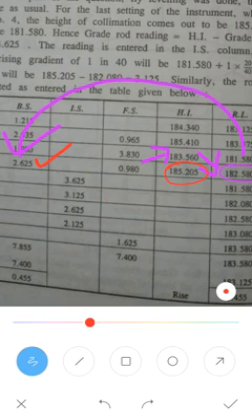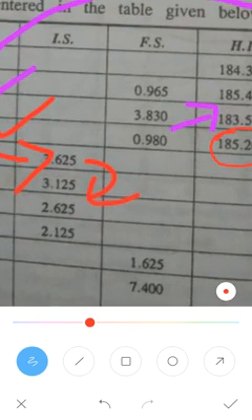It moves like this: after this point it goes to this one, after 2.625 to this one, and this is the last point, 1.625.